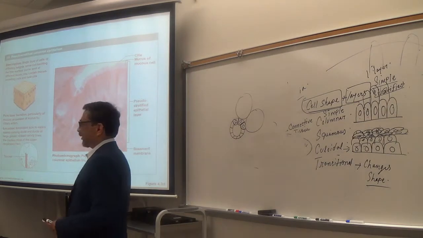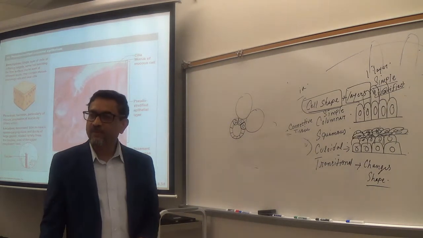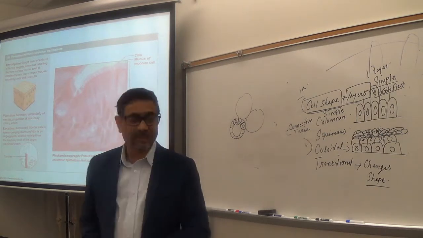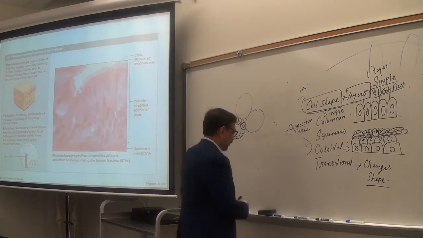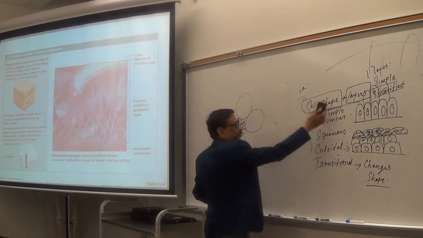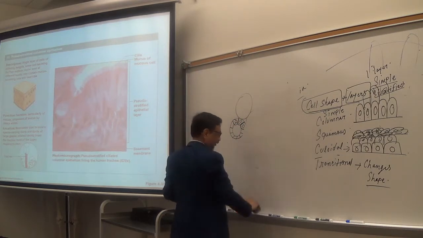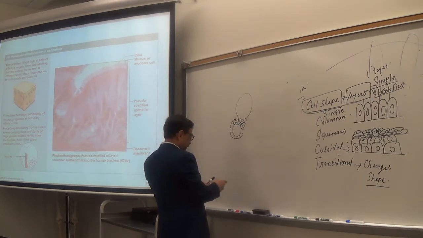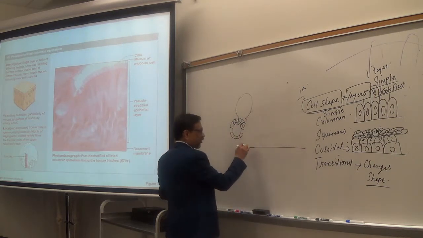This is called pseudo-stratified ciliated. You did not see this one here. Why? When I talked about different types of epithelial tissues, I didn't mention this. What is this? Pseudo-stratified columnar.